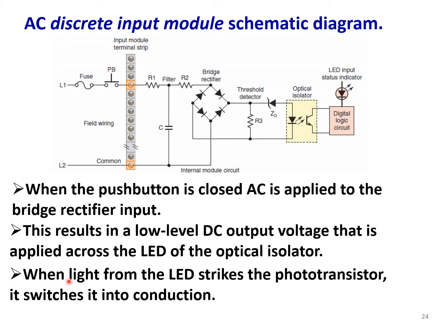When the light from the LED strikes the phototransistor, it switches into conduction. So now this switch is turned on, or closed, and we will have a valid logic in the digital logic circuit. And the LED will be on here that shows the status of the input.